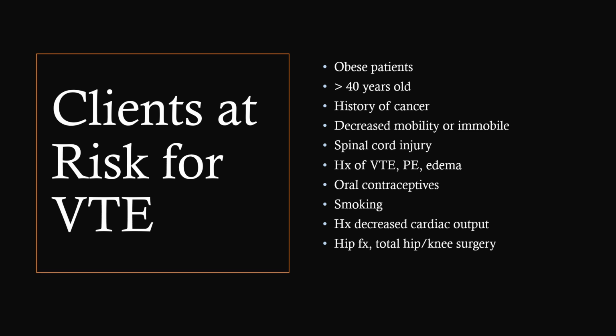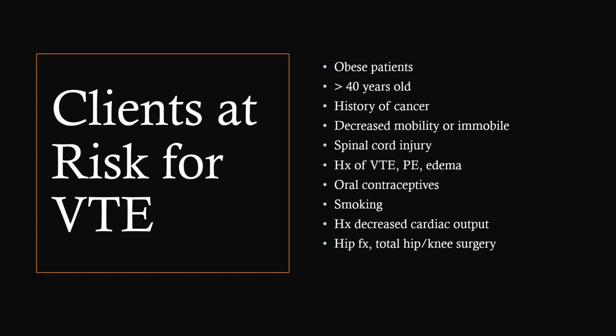Some populations or factors make them even more at risk, such as being obese. Those patients are typically more at risk for blood clotting due to an impaired clotting mechanism, blood perfusion's not quite as good, and they may have more inflammation, which also increases blood clotting.